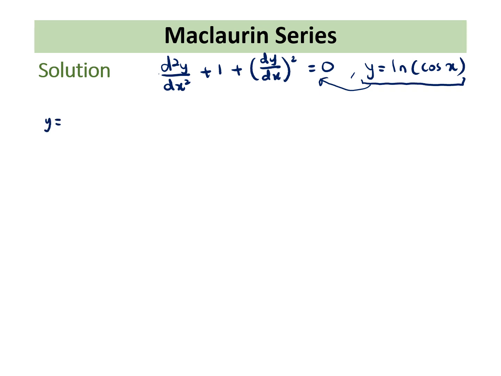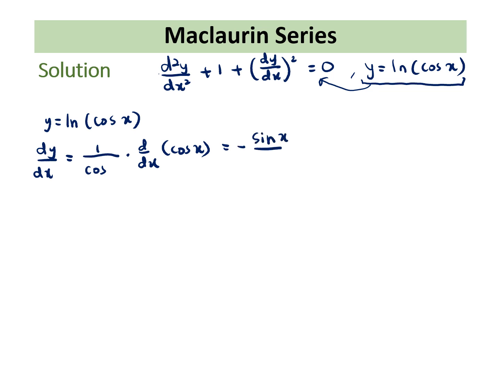So we have y equals ln of cos x. dy over dx will be equal to 1 over cos x times the derivative of the inside function, which is negative sin x. So we have negative sin x over cos x, which can be represented as tangent x.